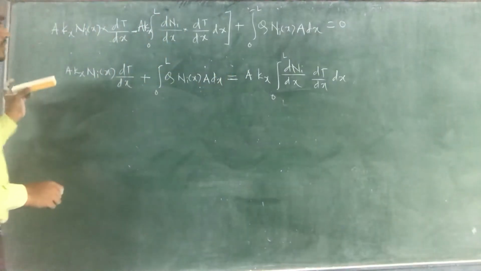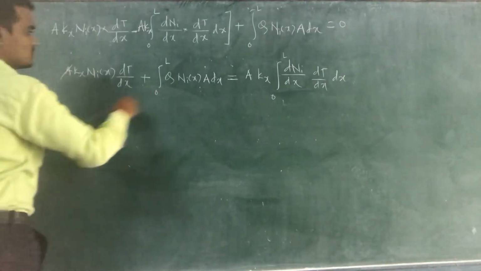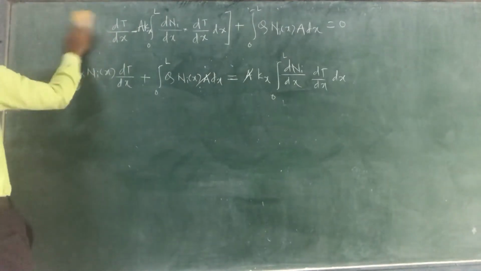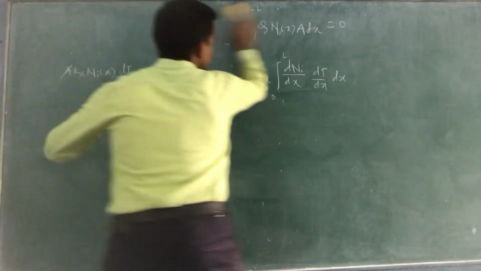Okay, so here area is common. This area will get cancelled. Finally, we will get this equation.